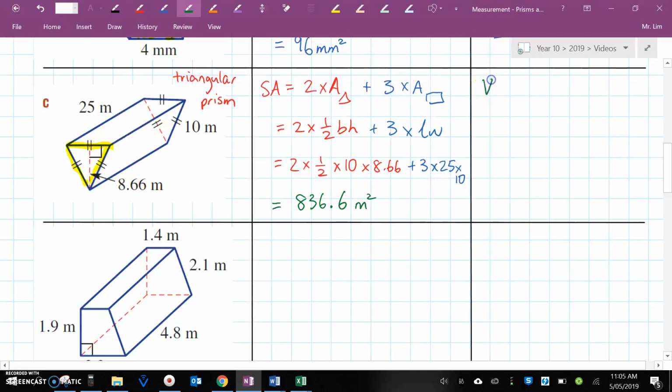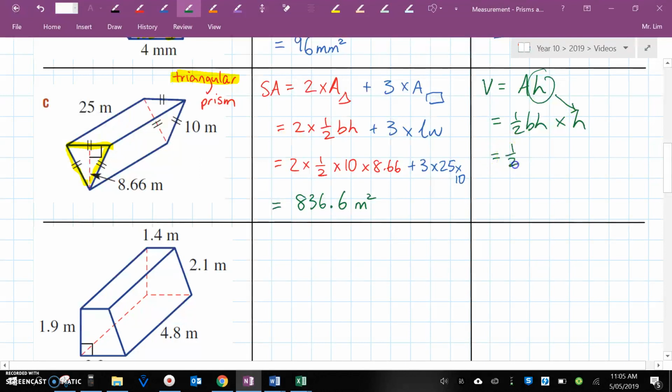The volume of the solid is AH, the area of the base times the perpendicular height. The base is a triangle because it's a triangular prism. So the formula for the area of a triangle is half base times height. We're going to multiply that by the perpendicular height of the solid.